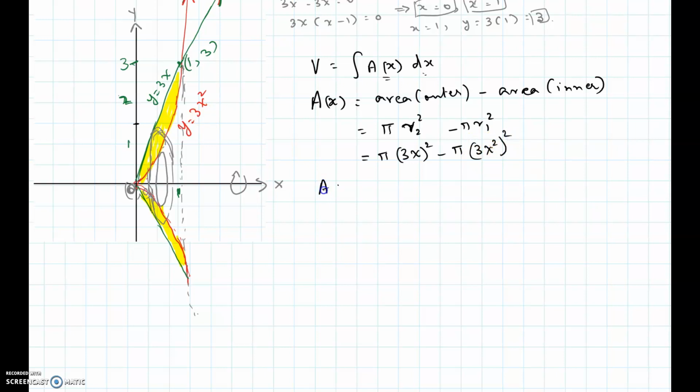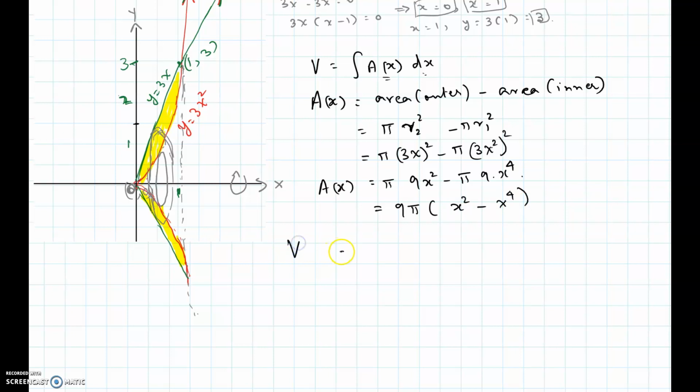So A of x is pi times 9x square minus pi times 9x to the power 4. So 9 pi can be taken out: x square minus x to the power 4.